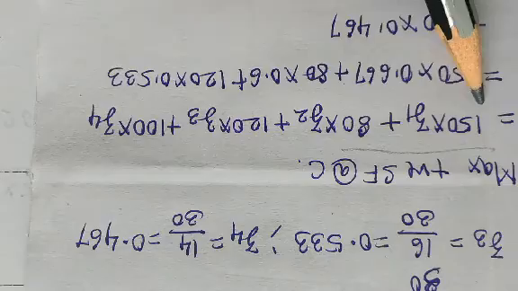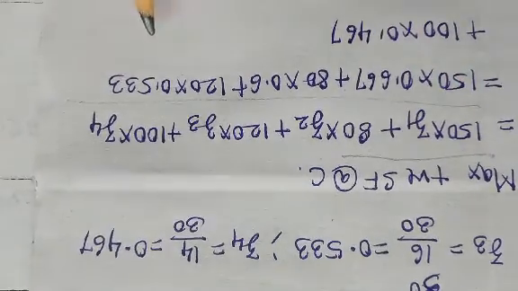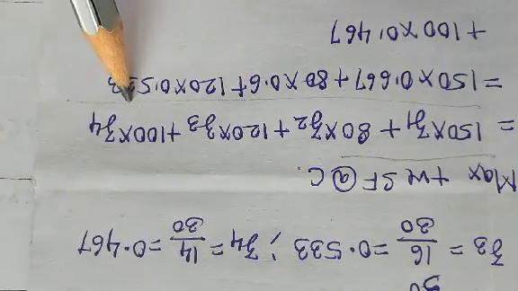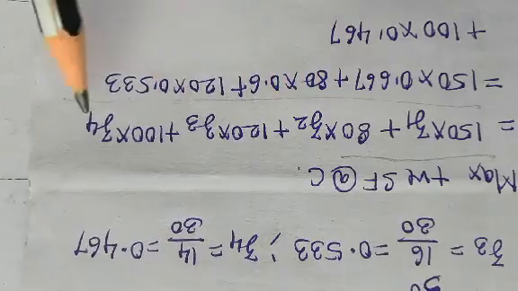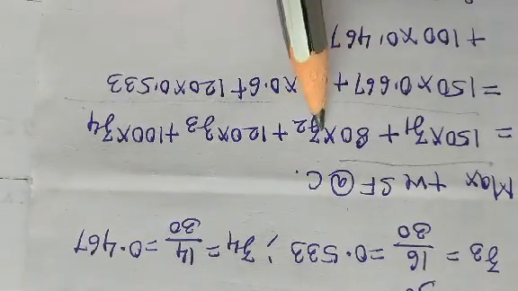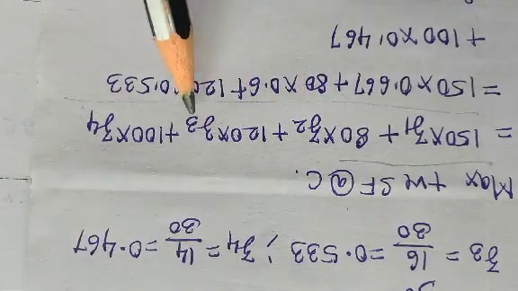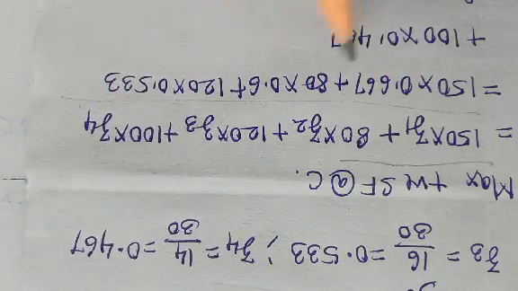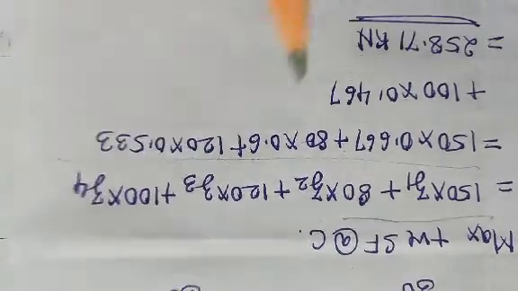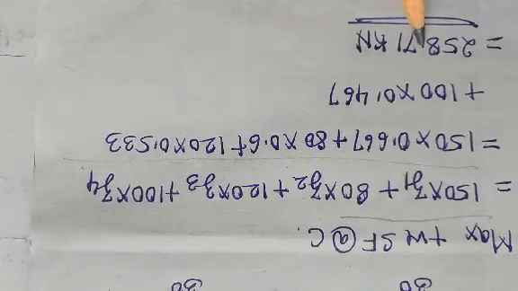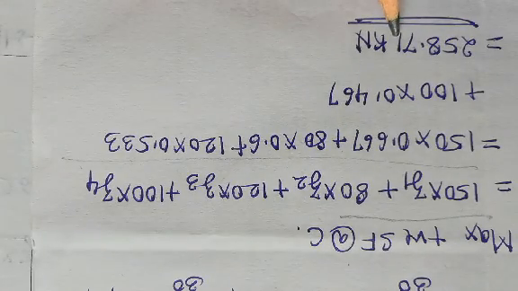So this is how you get the summation of all the loads with their respective ordinates. Once you substitute the values of Z1, Z2, Z3 and Z4, you will get the answer as 258.71 kilonewton.